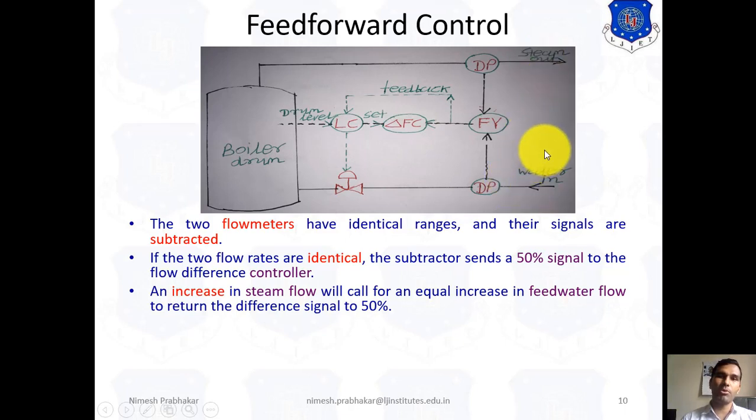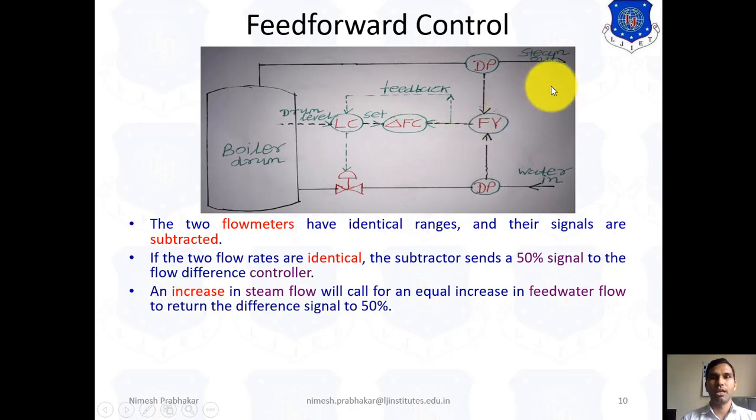Then the same in the opposite side. If the steam flow rate is decreased, this control valve reduces the flow rate of the water. So this is a feed forward control system. Here it is used to control the level of water inside this water drum, and accordingly the boiler system is working.